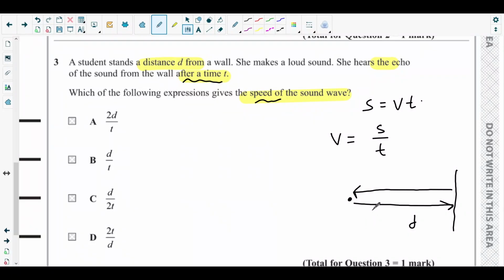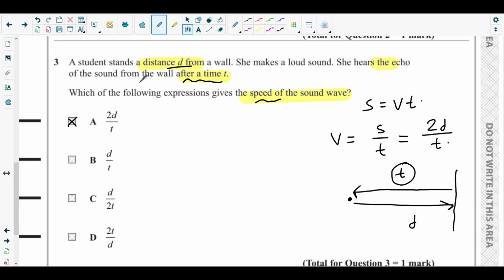So there is an echo basically, right? So this is the total time t. In this time the distance traveled is twice d and the total time is t. So v equals 2d over t. The distance is d, so 2d over t definitely. So the option is A. Option A is the answer for question number 3.